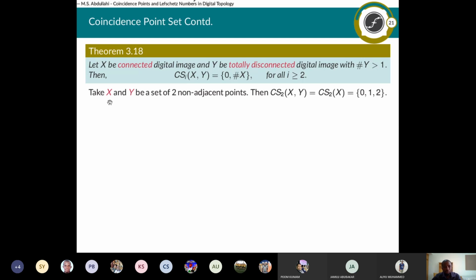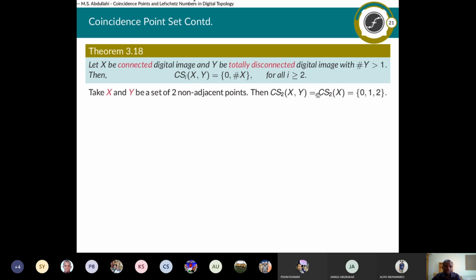But one interesting thing is that if we allow X to be also totally disconnected, for example, if we take X and Y to be two non-adjacent points, just 2 points that are not adjacent to each other, X is an image that has only 2 points and they are not adjacent to one another, while Y is also a set of 2 points that are not adjacent.